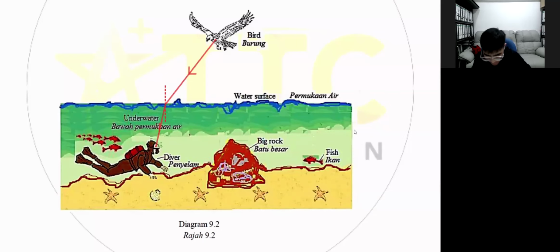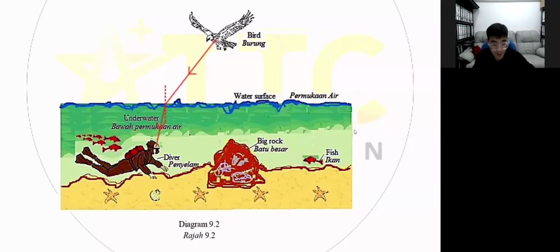But you also have to know how the light will bend. The light ray is supposed to go straight like this, but now the light will bend towards the normal line, because when light enters water from air, the speed of the light becomes slower.